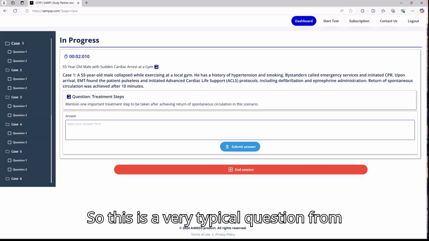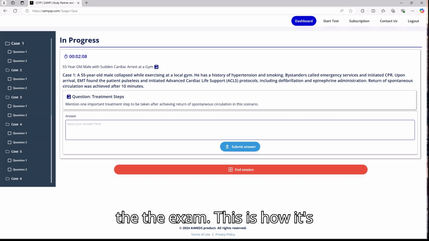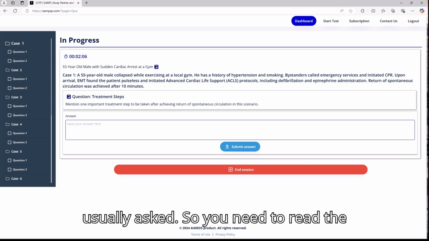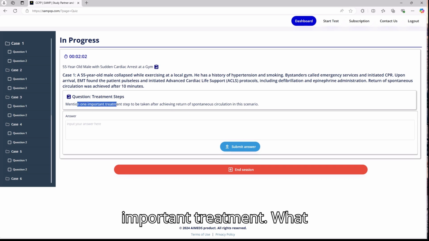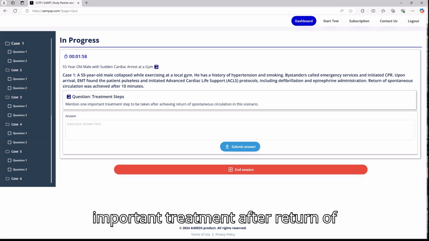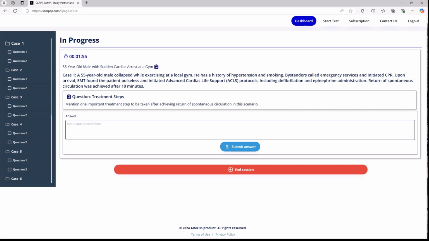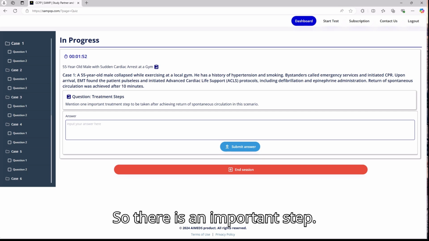So this is a very typical question from the exam. This is how it's usually asked. You need to read the stem, and then you need to decide one important treatment. What important treatment after return of circulation should you do? There is an important step.